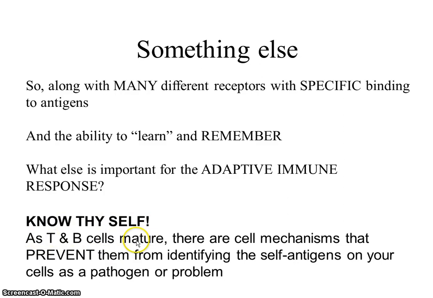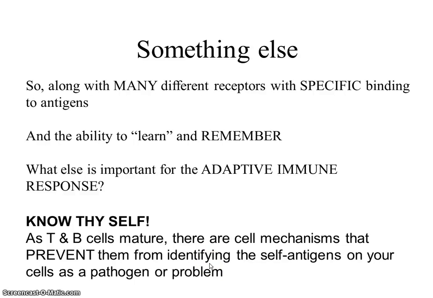So as B and T cells both grow up, again, we started off talking about the T cells, but both of these cells have memory and both of these cells have this ability we're going to talk about. There are mechanisms that keep them from identifying one of your own cells as the problem.